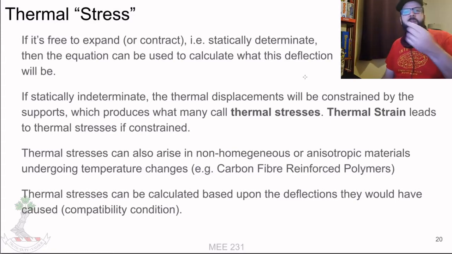They do sometimes arise if we're talking non-homogeneous materials or anisotropic materials undergoing temperature changes. So your carbon fiber reinforced polymers are a good example. The polymers and the carbon fiber have different coefficients of thermal expansion.